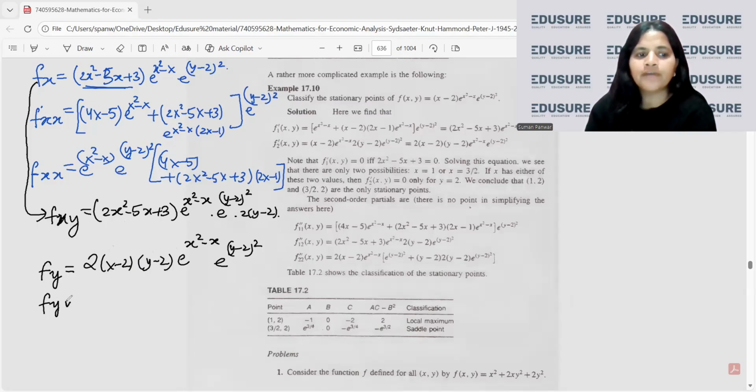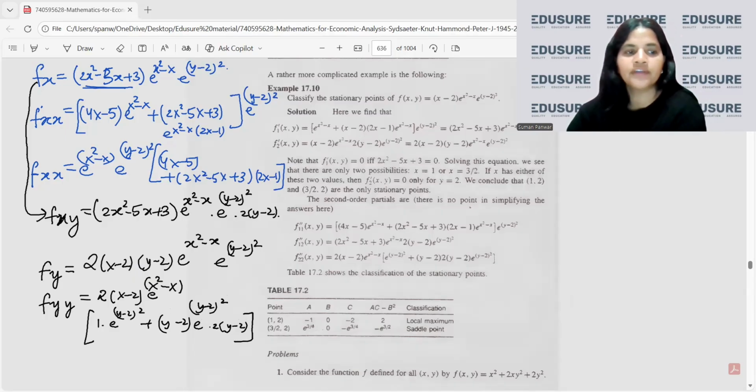So let's calculate fyy. So (2x minus 2) e raised to the power x square minus x we keep outside as it is. And inside, the differentiation of y minus 2 is 1. And then y minus 2 we keep as it is, and differentiate e. See, the only thing is that you have to be very patient with differentiation. Otherwise, it's not a very difficult thing.